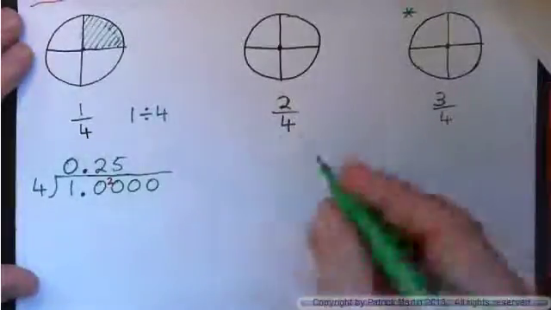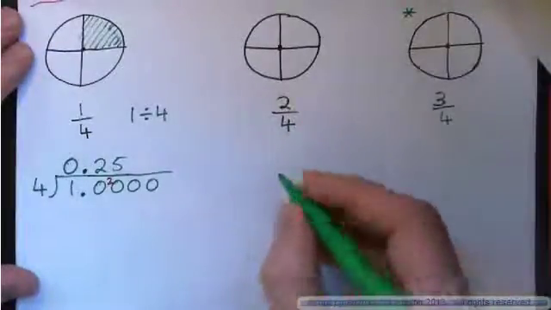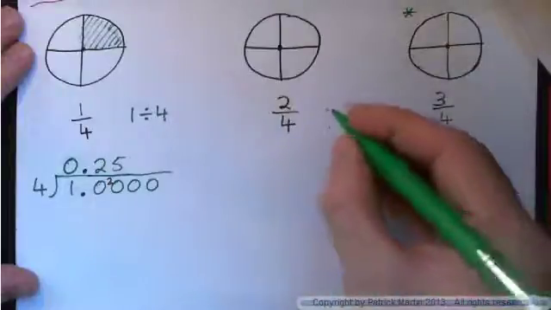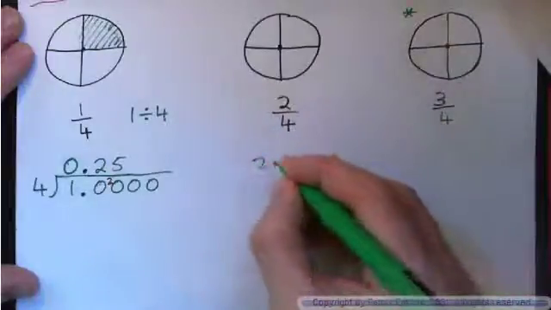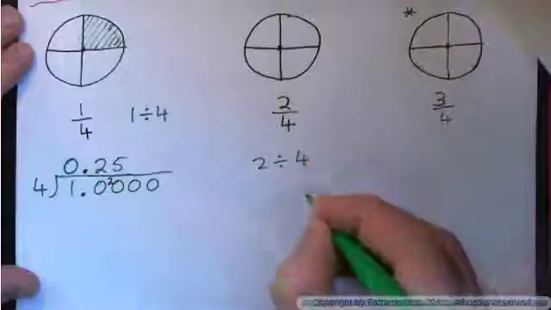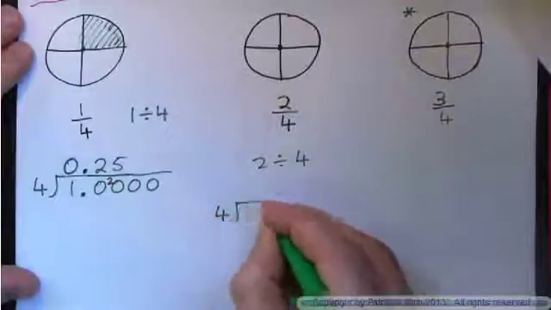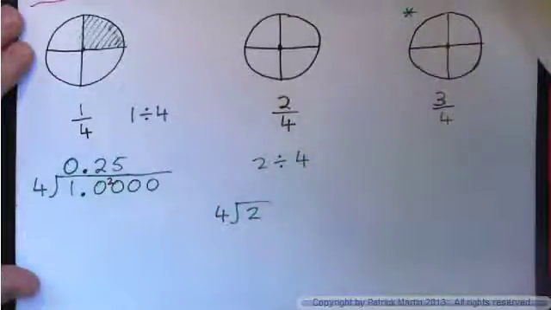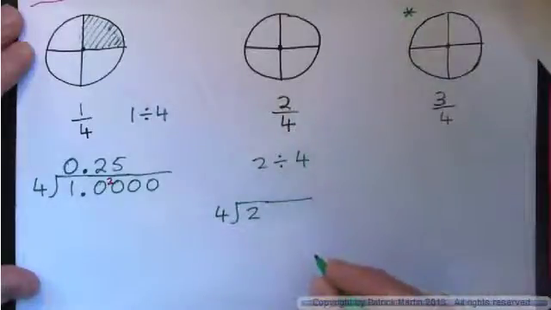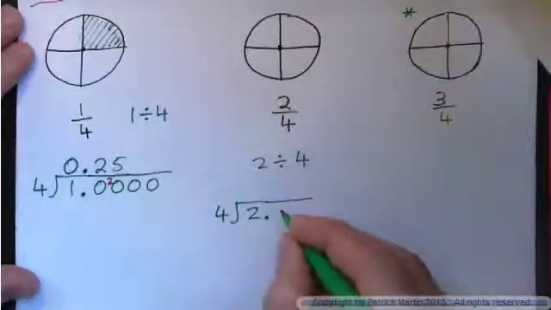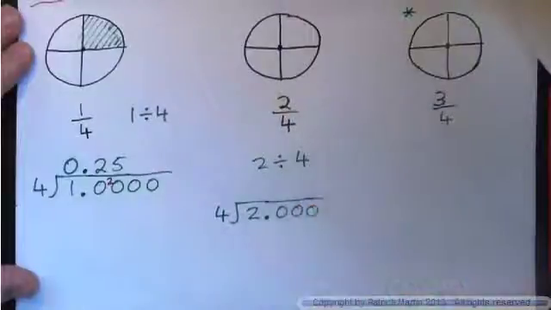So what about 2/4? That, of course, is 2 divided by 4, isn't it? Or 4 into 2. And how can you write 2? 2.000 and so on.